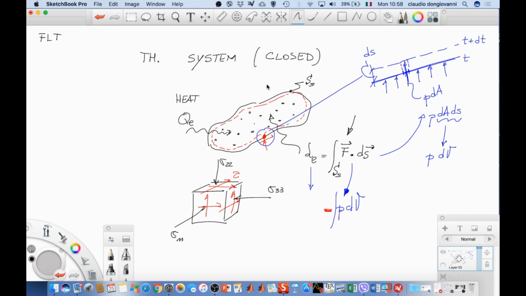It says, if you put energy in your system, the energy of the system increases, because it has to be conserved. So you have energy that goes into your system, it doesn't matter which way, heat or work. This energy goes in and increases the energy of the system. This is the energy of the system.